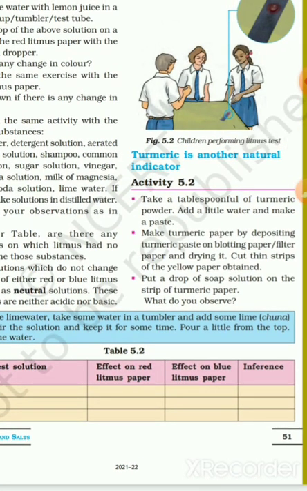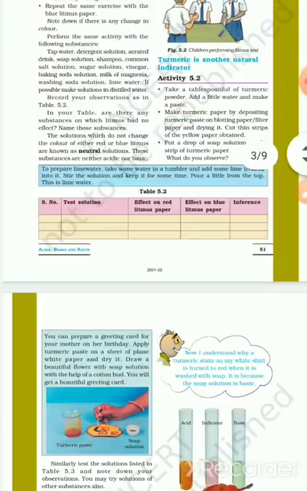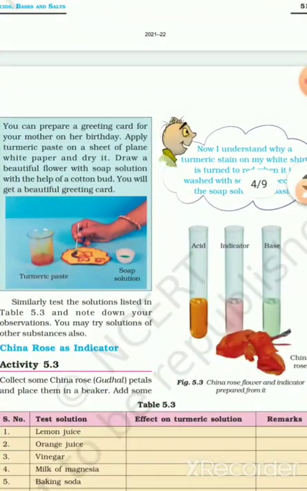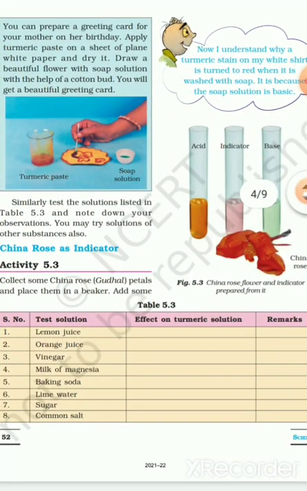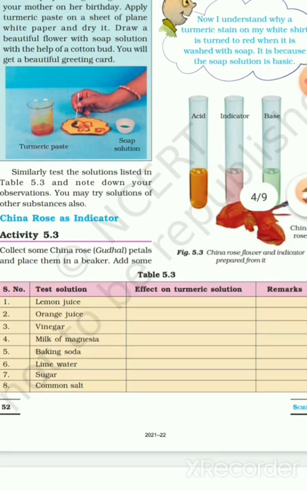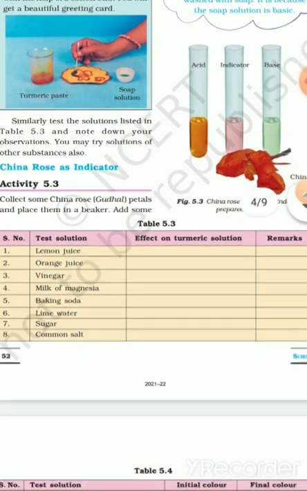So turmeric is also another natural indicator. Next we have an activity of turmeric, in which when turmeric indicator is applied on a base, like soap solution, which contains sodium hydroxide or potassium hydroxide, its color changes to dark red.